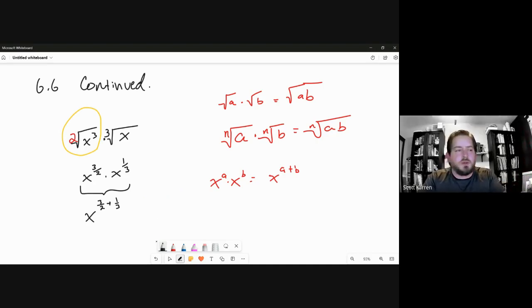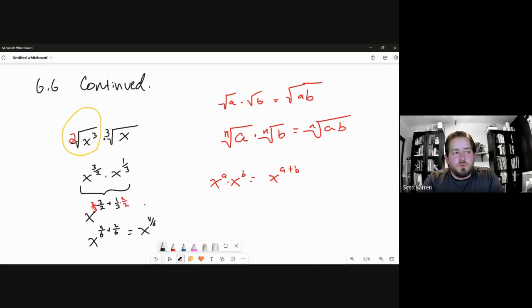I'm just adding fractions now. 3/2, 1/3, I want to get those to be something over 6. I do that by multiplying by 3/3 to the left fraction, 2/2 to the right fraction. So this is now x to the 9/6 plus 2/6. And then this is x to the 11/6 power.